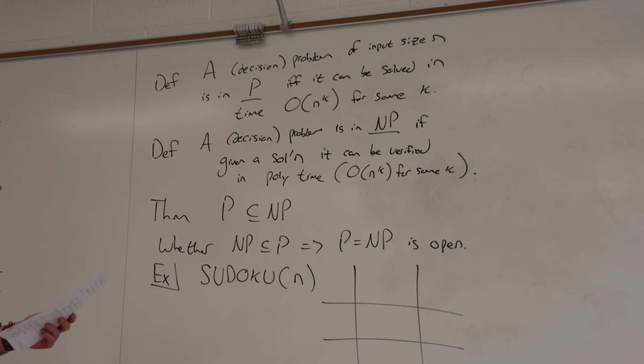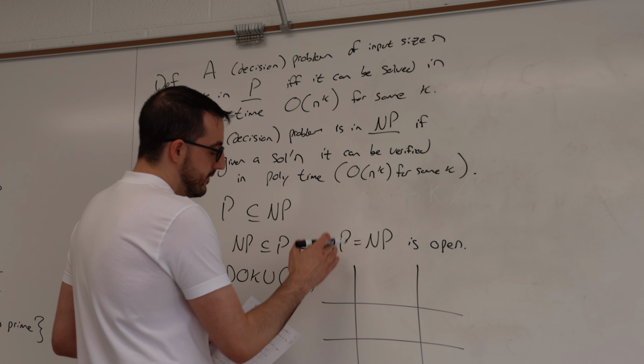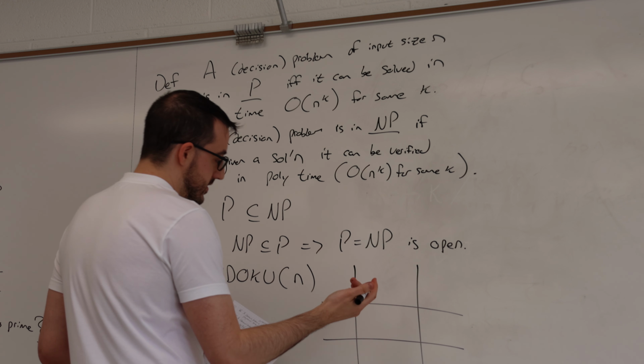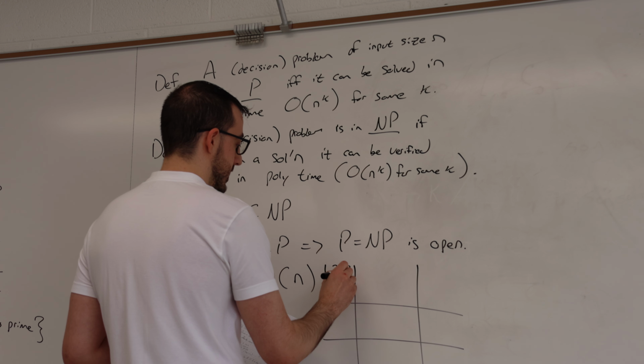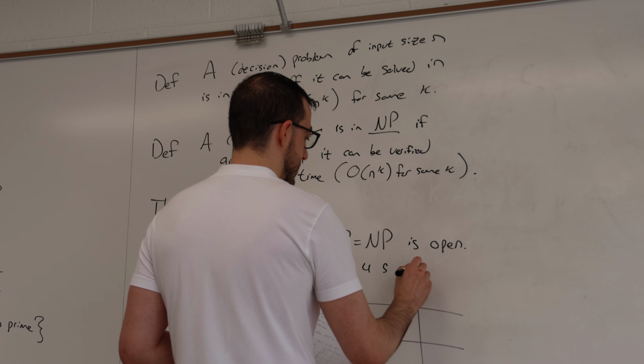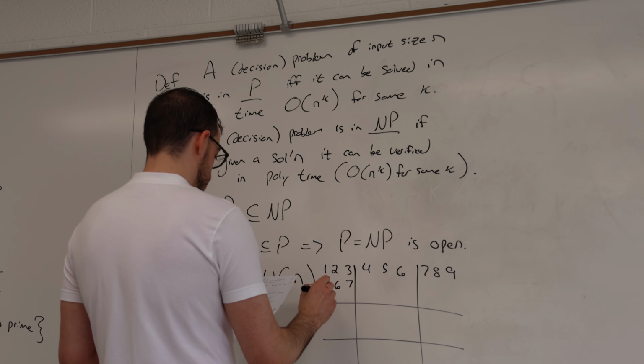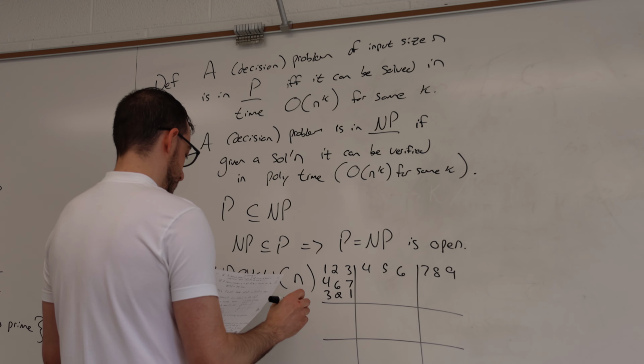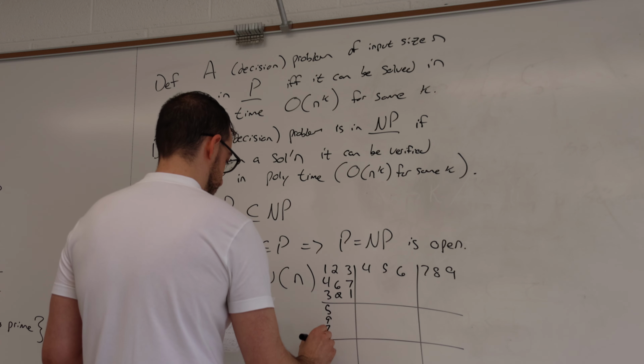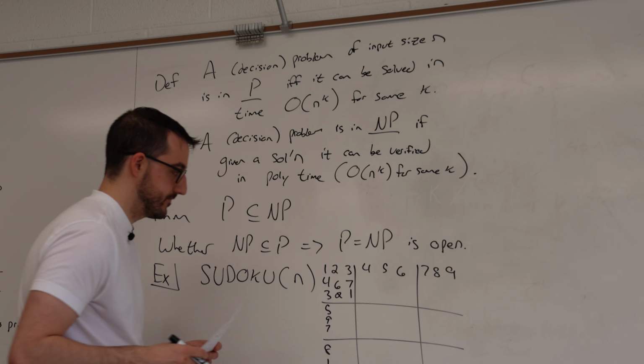You have to fill out every row, every column, and every square with the numbers, for 3x3 at least, 1 through 9. So I could have something that looks like this. And say this is 4, 6, 7, 3, 2, 1, and then 5, 9, 7, 8, 1, 6.